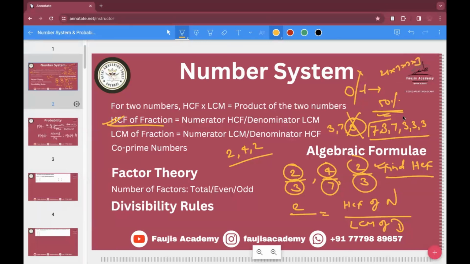No, it's not required, because these are all different numbers. And when you have to find the LCM, the multiples are 7, 14, 21, and 3, 6, 9, 12. For the rest, it will be the same. Right, buddy? Yes, sir. So in the denominator, what will be the number? 21. Cool. Welcome back, Joel.